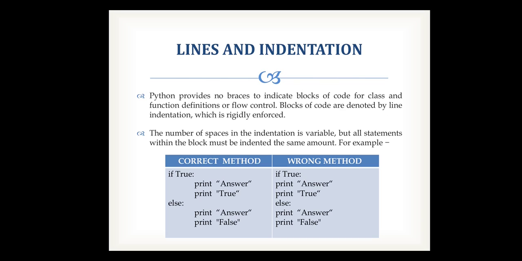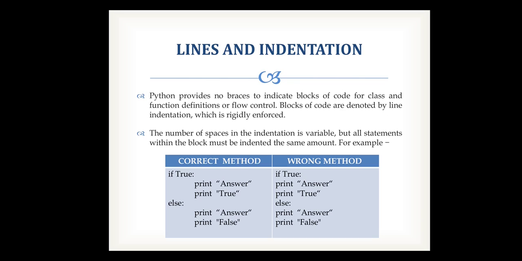Python provides no braces to indicate blocks of code or class and function definitions or flow control. Blocks of code are denoted by line indentation, which is rigidly enforced. The number of spaces in an indentation is variable, but all statements within the block must be indented the same amount.